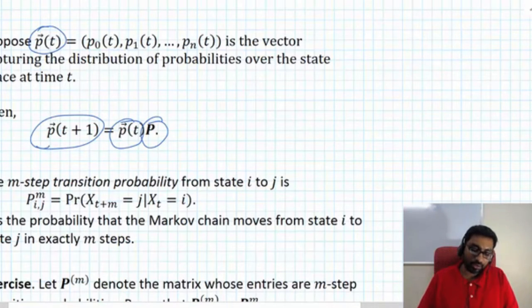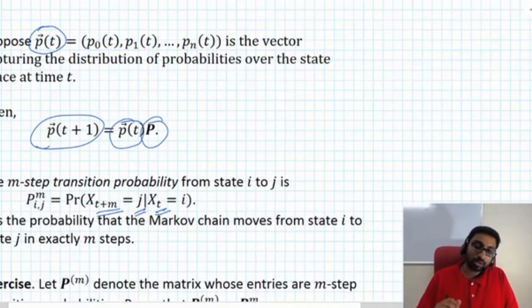We can extend this further. So the m step transition probability from i to j is defined as follows. Now suppose you are at state i at some time t. This m step transition probability gives you the probability that at time t plus m you will be at state j.